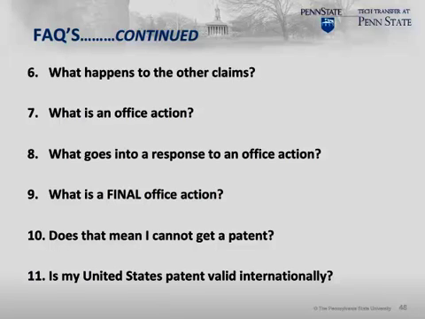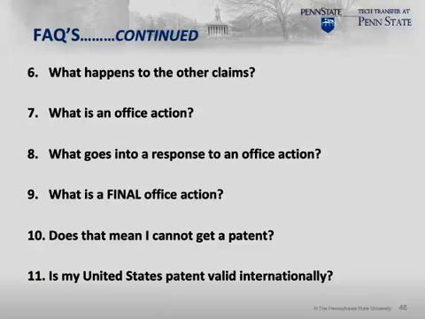If the office action indicates that some or all of the claims are not allowable, then the applicant has an opportunity to respond to the office action, such as by arguing that the examiner is incorrect and/or by amending the claims in an attempt to overcome the examiner's rejections.